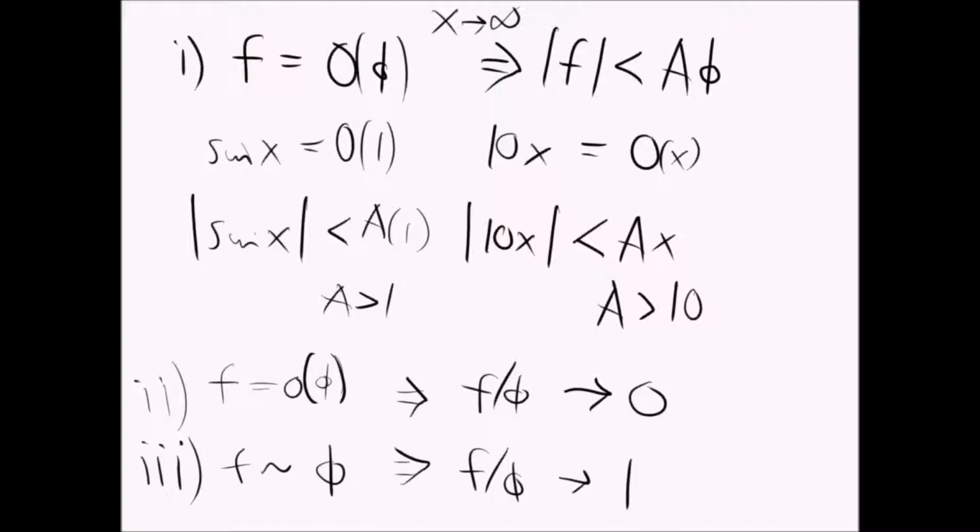So let's quickly define the three other symbols that I mentioned, and then we'll move on. If we say that f is curly less than phi, that means that f over phi tends to 0.